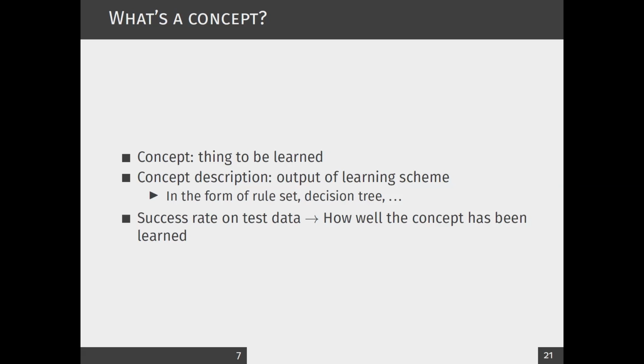The description you get for the concept, which we call concept description, is the outcome of the learning algorithm. We are going to talk about some learning algorithms in coming sessions. For example, it could be something like a rule set or a decision tree, which describes your concept.